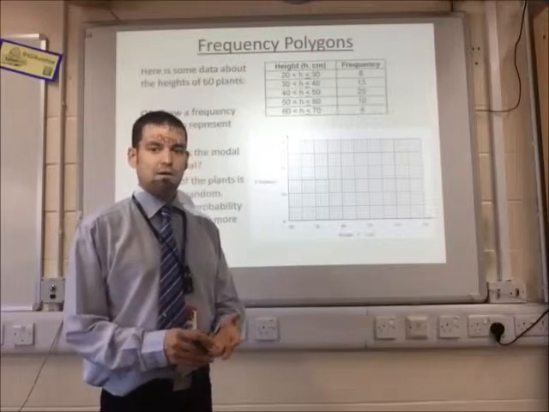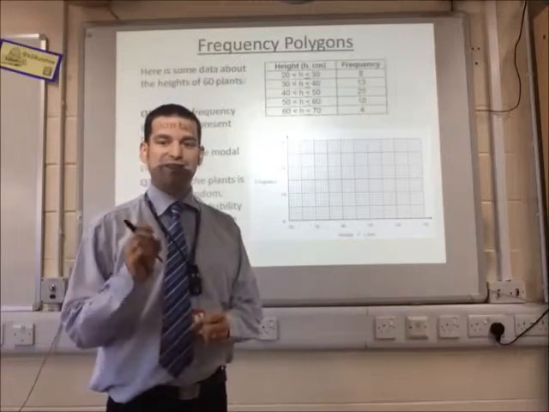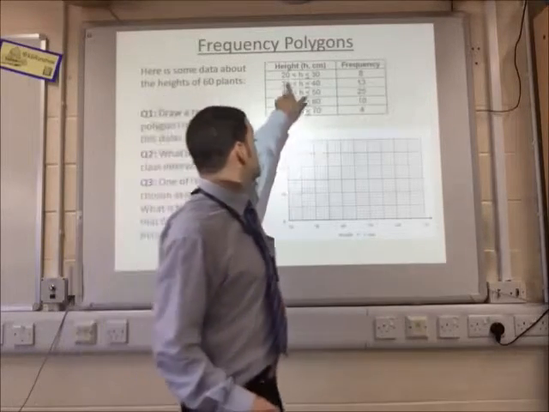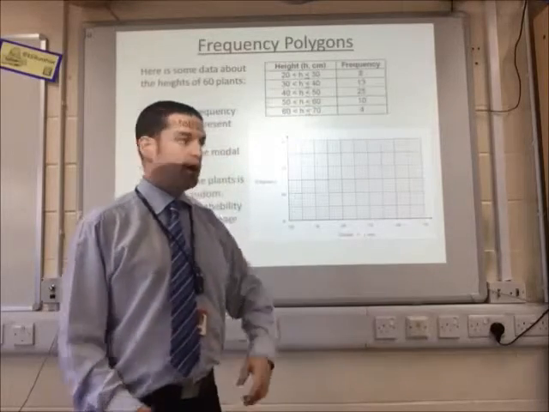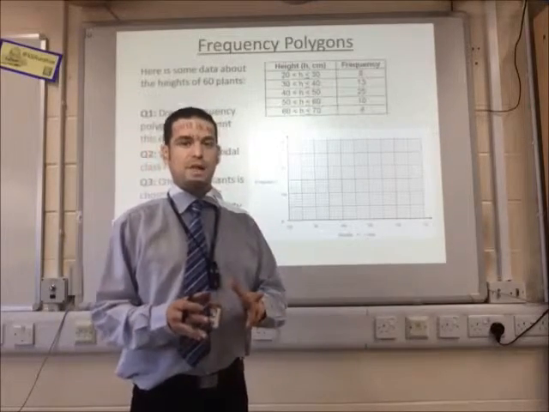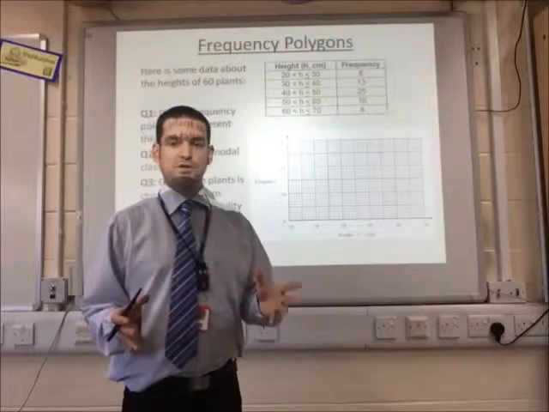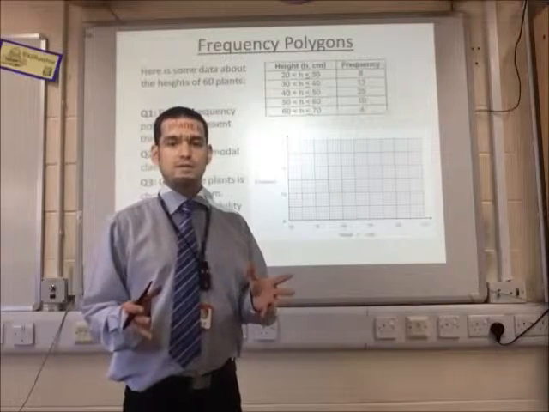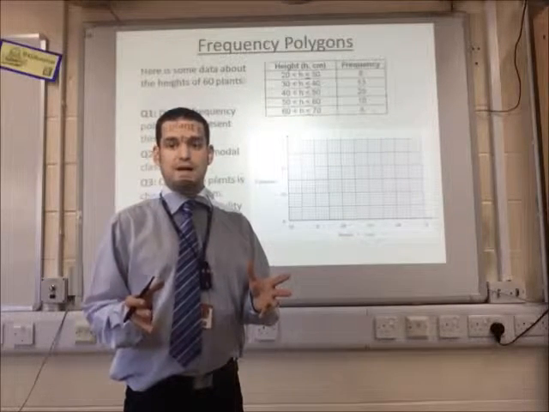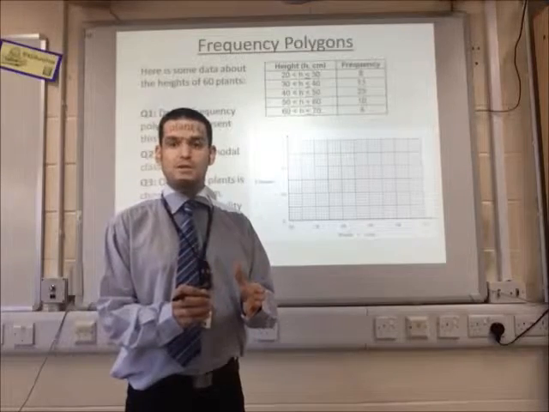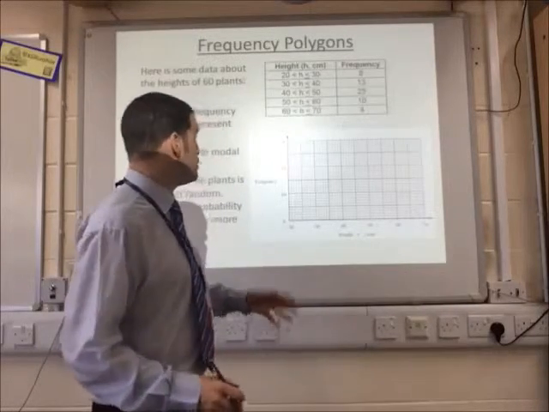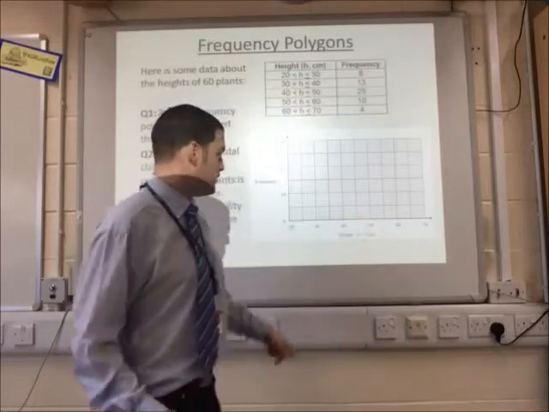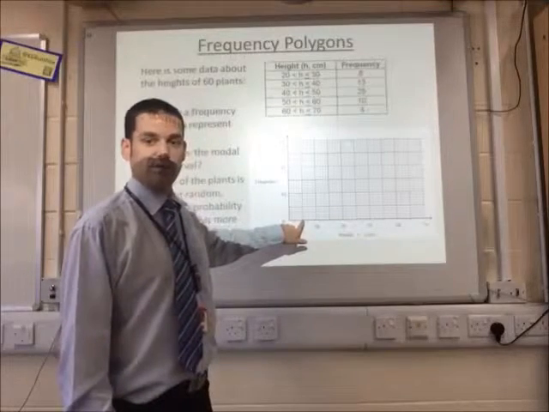Okay, the way these diagrams work, we've got to find a single point on the graph to represent that first group. Now, the first group of plants range from 20 centimetres up to 30, so the most sensible point to represent that range is to go right in the middle, to use the midpoint. So we're going to use 25 on this axis here to represent that group.